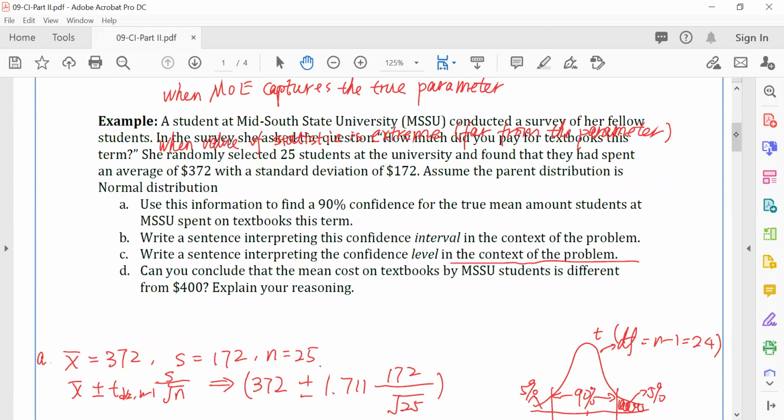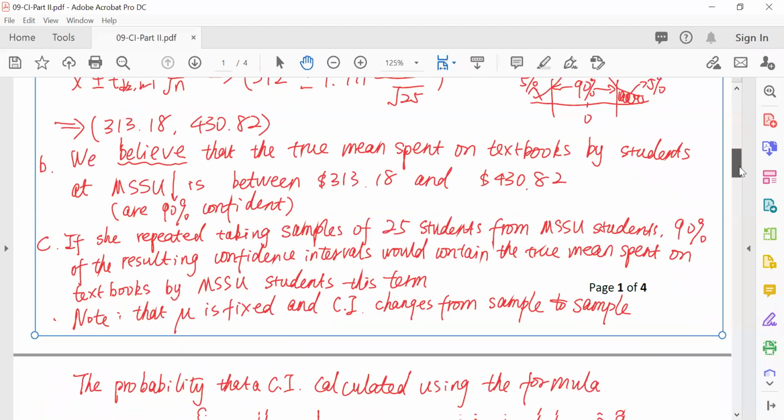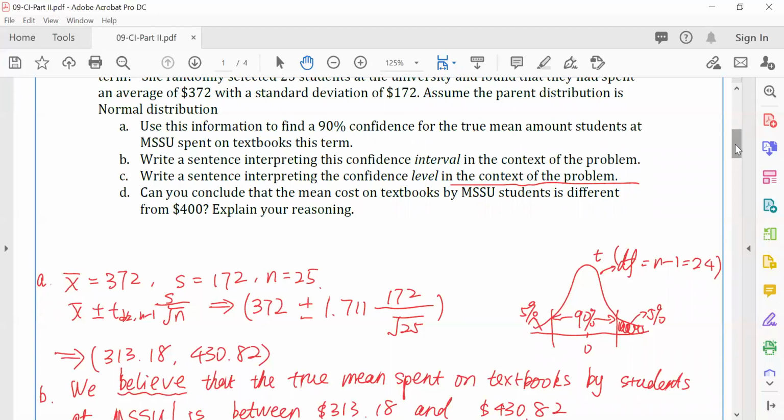Any other questions? Okay, so if we have no questions, then let's take a look at the last one, D. Can you conclude that the mean cost on textbook is different from 400? What would you say?